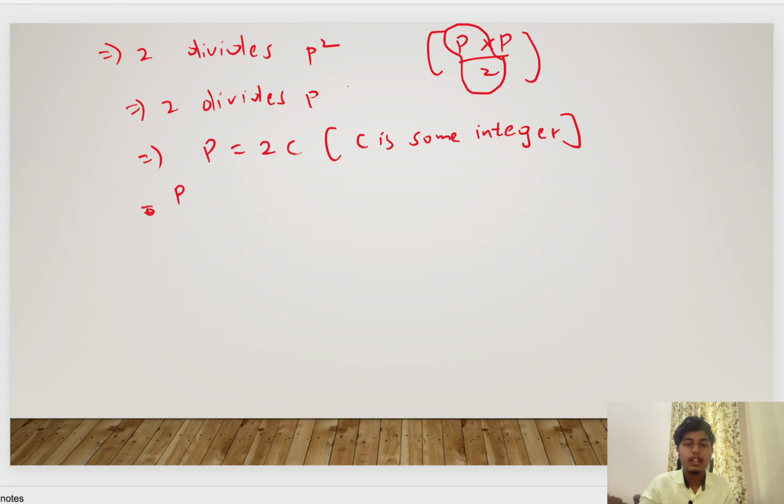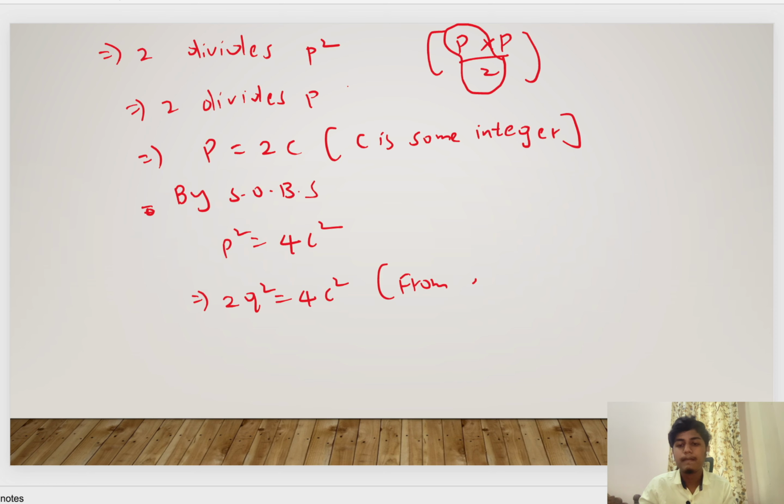By squaring on both sides, p square is equal to 4c square. That implies 2q square is equal to 4c square. From equation number 1, that implies q square is equal to 2c square.